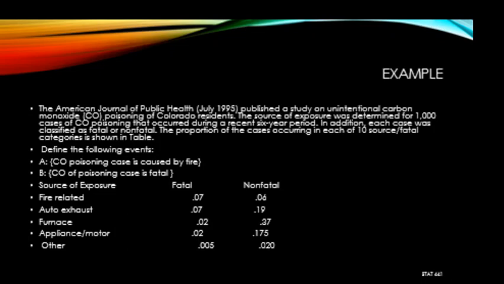Okay, here is another example which shows us the relation between union and intersection of two events. The American Journal of Public Health published a study on unintentional carbon monoxide poisoning of Colorado residents. The source of exposure was determined for 1,000 cases of CO poisoning that occurred during a recent 6-year period.